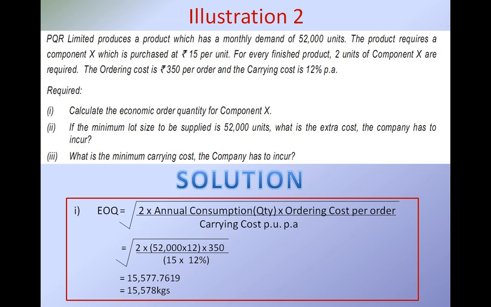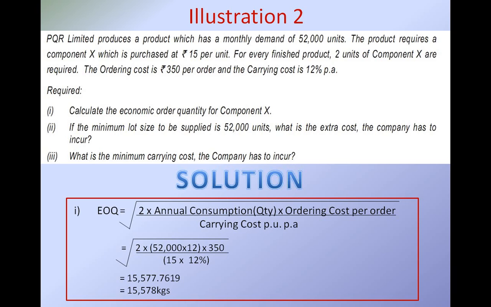So coming back to the question, we finished the first question and the second question. The third question is, what is the minimum carrying cost the company has to incur? As I've already mentioned earlier, we will get the minimum carrying cost and the minimum ordering cost. The entire cost will be minimum when the reorder quantity is the economic order quantity.